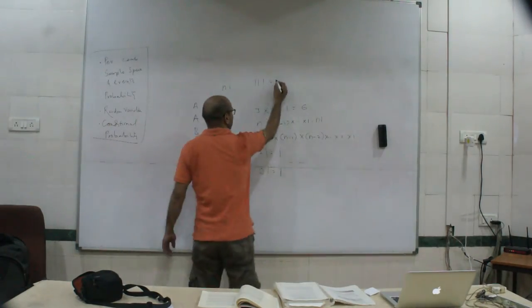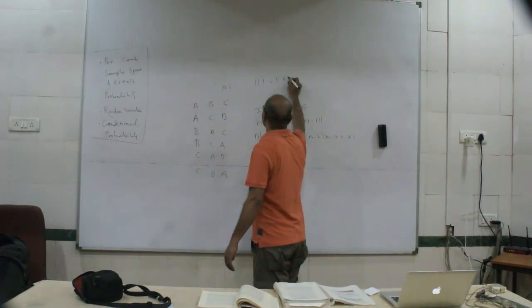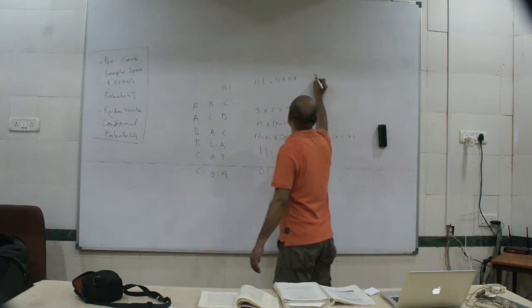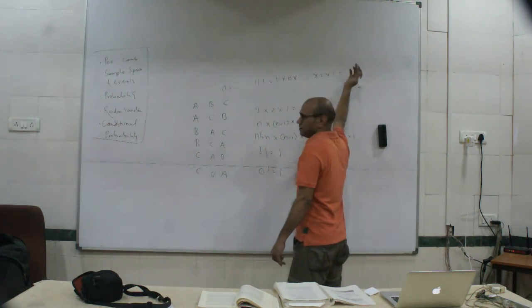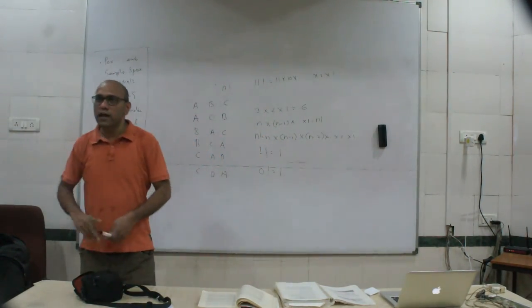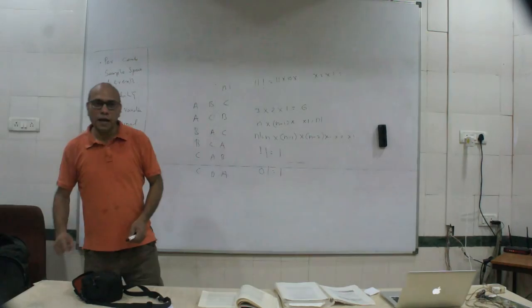So 11, the first person, into 10 into up to 2 into 1. Whatever this number is, those are the possible ways in which people can go and bat.